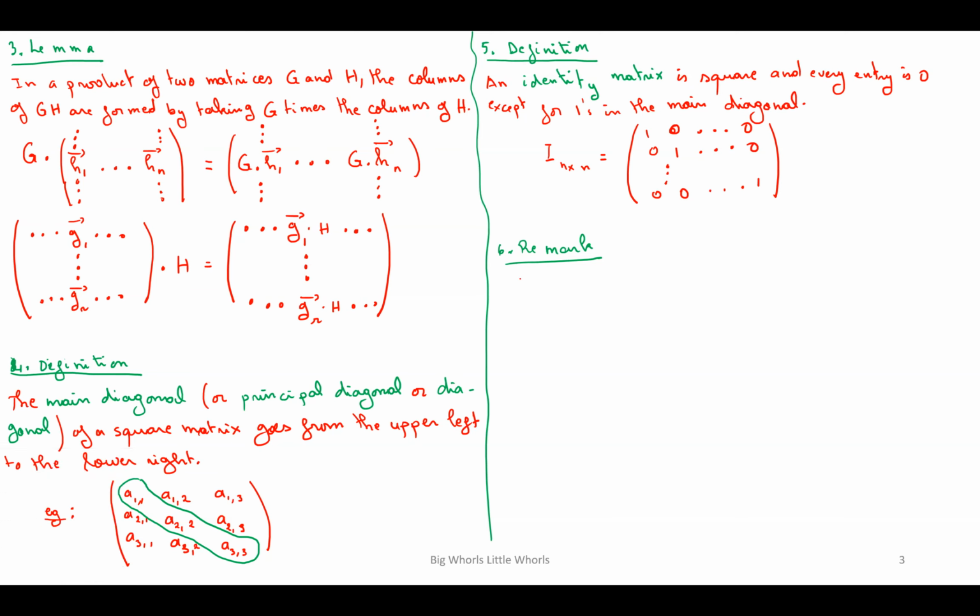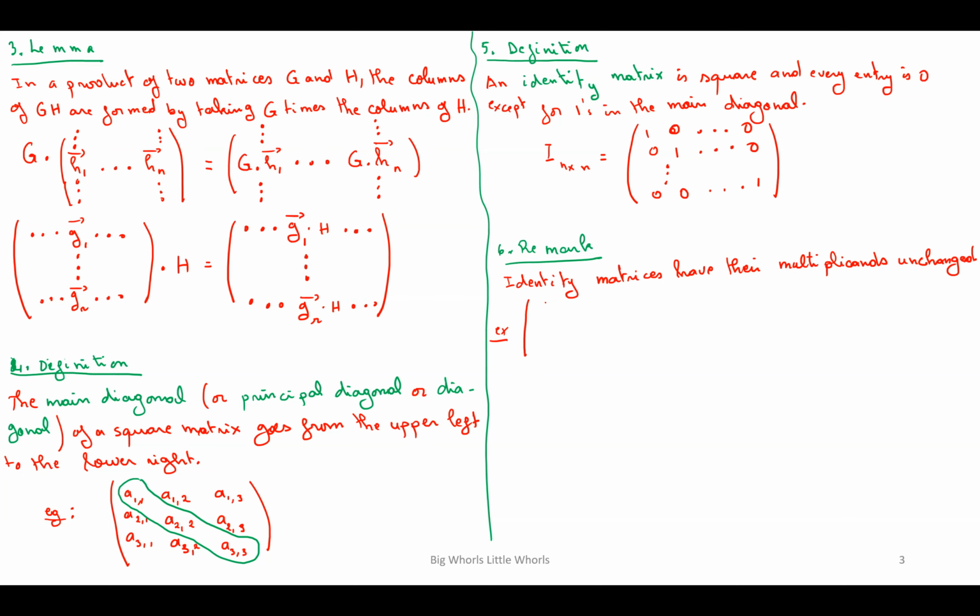So identity matrices have their multiplicands unchanged. Basically, let me give you this example.